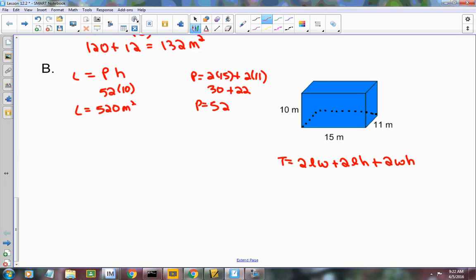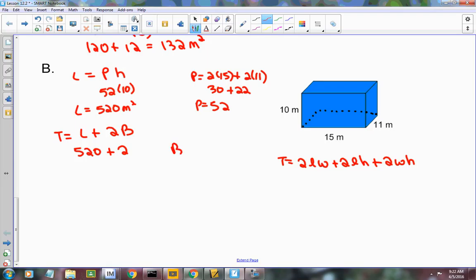Now, let's say that your friend wanted to use the 10 by 15 as the base and 11 as the height. Okay? Your lateral surface areas will be different. Your total surface areas will be the same. Alright. So now we want to do the total surface area. And so that's lateral plus 2 times the area of the base. We already found the lateral to be 520.